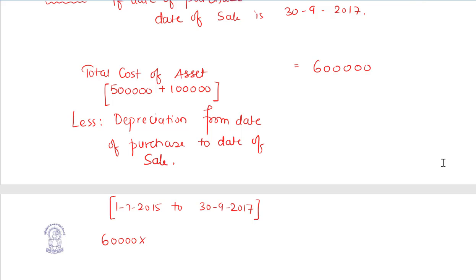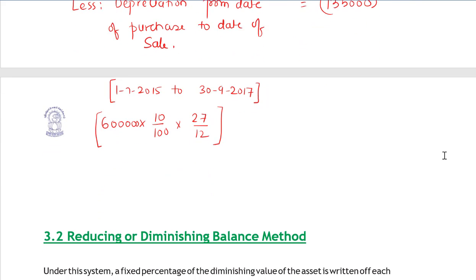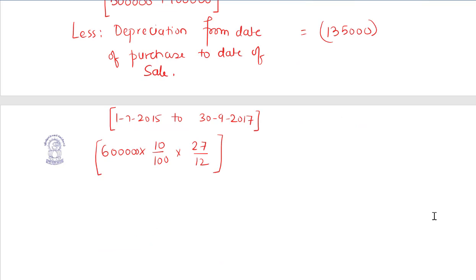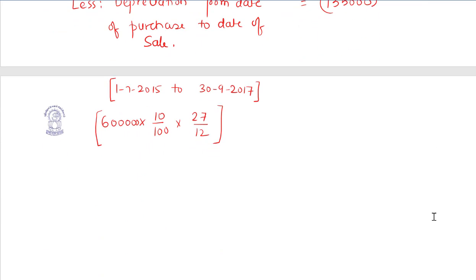So 6 lakh multiplied by 10% multiplied by 27 by 12. It is 1 lakh 35,000. 6 lakh minus 1 lakh 35,000 is 4 lakh 65,000.